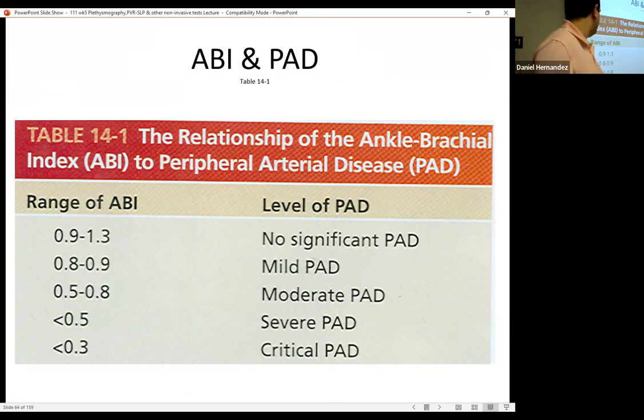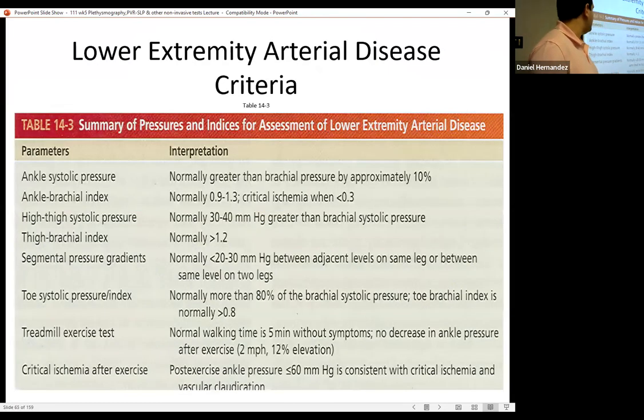Here they have less than 0.3 as critical peripheral arterial disease on their chart. They break it down even more. So again, we're looking for differences of 30 millimeters or less.